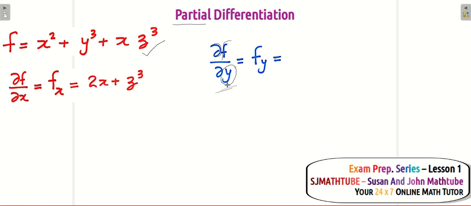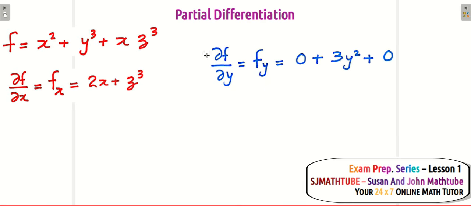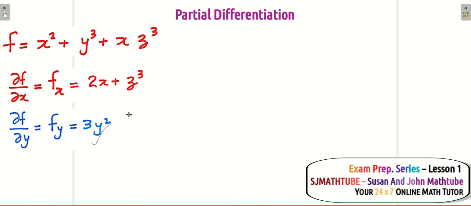Okay, if y is the only variable, all the other quantities which I see here will be treated as constants. So the derivative is going to be 0 plus 3y square plus again 0. So that's it. I'll write the answer here.